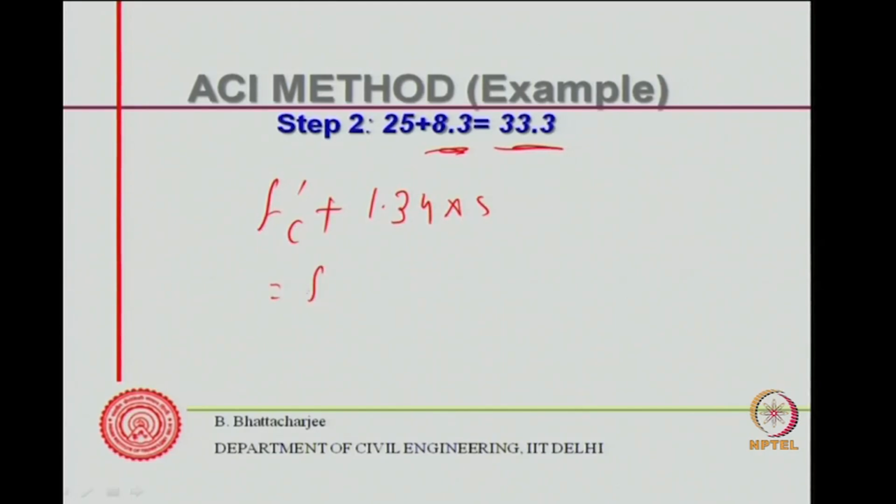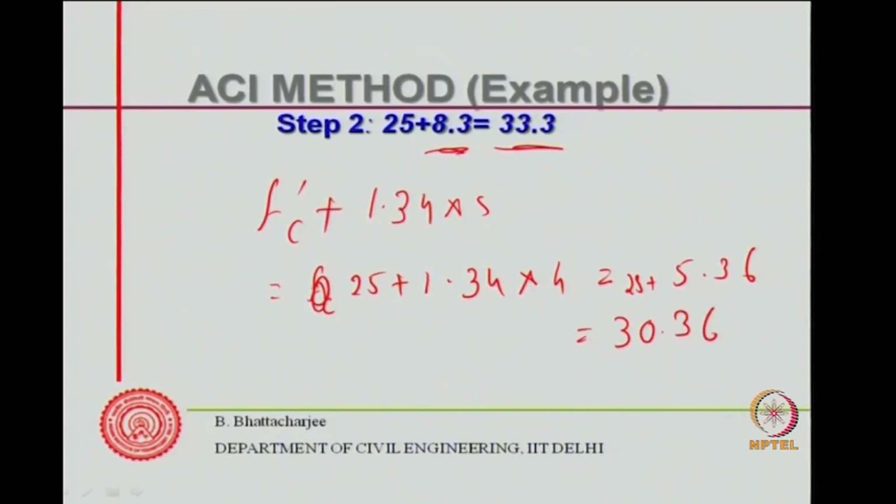Now, s would be smaller here, let us say s is 4. Then f c dash is 25 plus 1.34 into 4, which I will take as 31. Or I will take it as f c dash minus 3.5 plus 2.33 s.